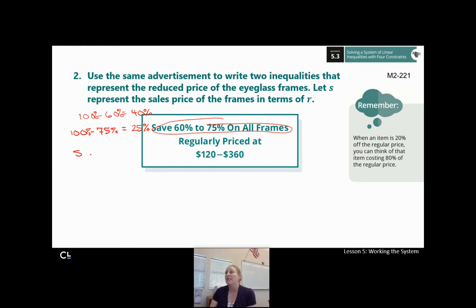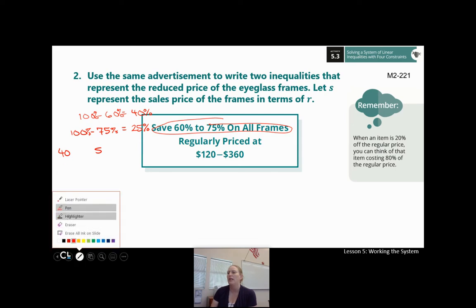So that means the sale price has to be, actually, hang on, let me move my S a little bit. There we go. So the sale price has to be between 40% off of R. Except we don't write percents that way. We write percents as decimals, right? When we put percents into equations, we have to write them as decimals.